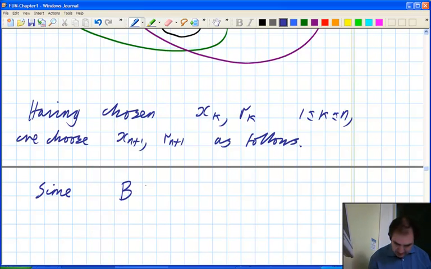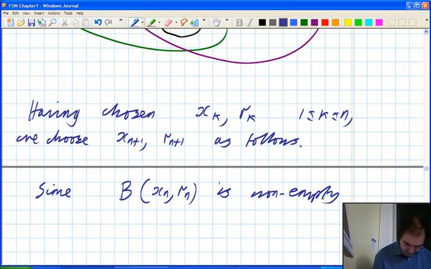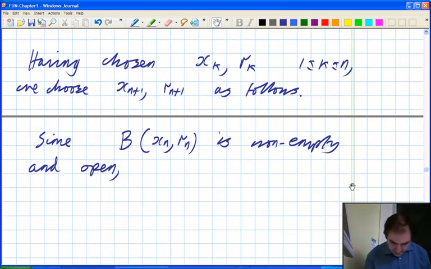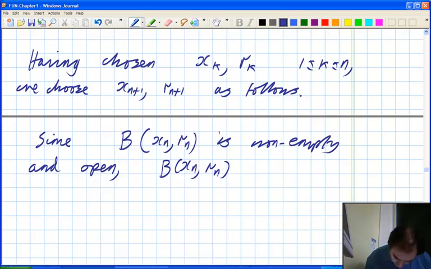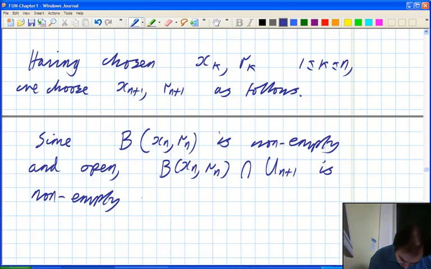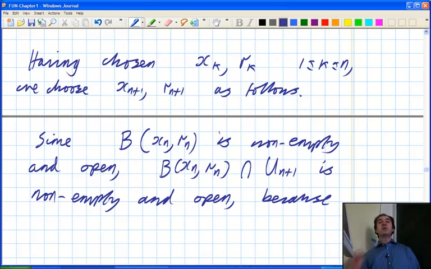Since the open ball, centred on xn, radius Rn, is non-empty and open, you can intersect it with the n plus 1th dense open set. So that's because Un plus 1 is dense and open.